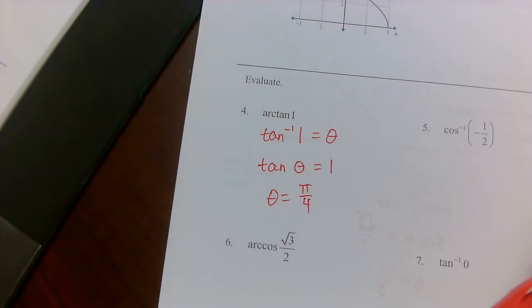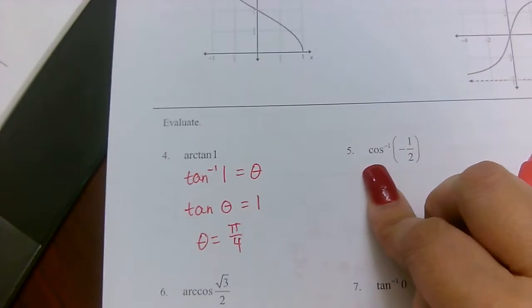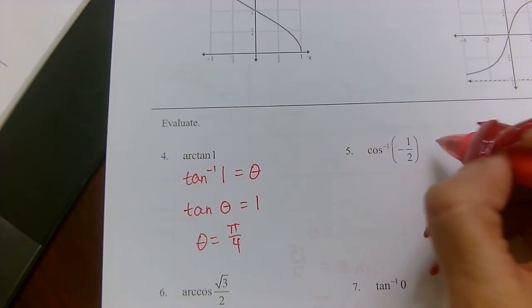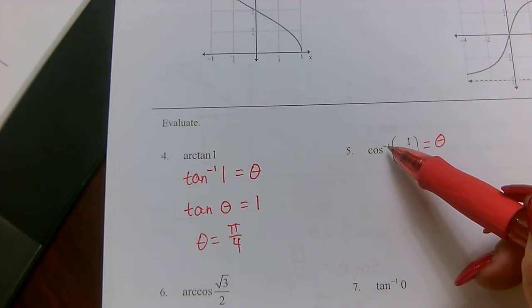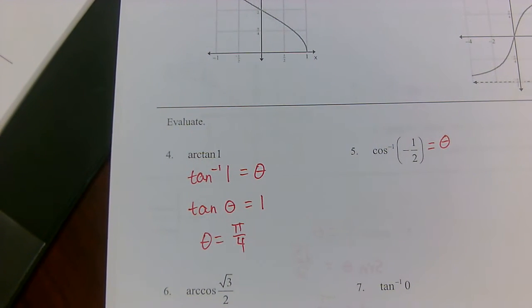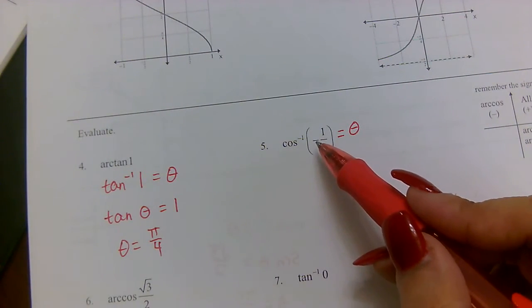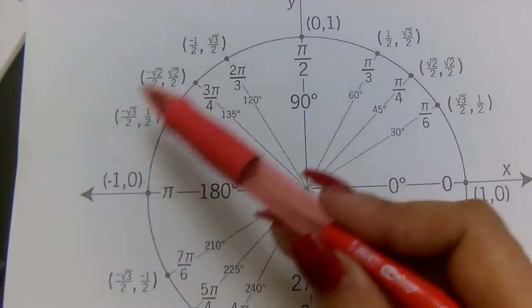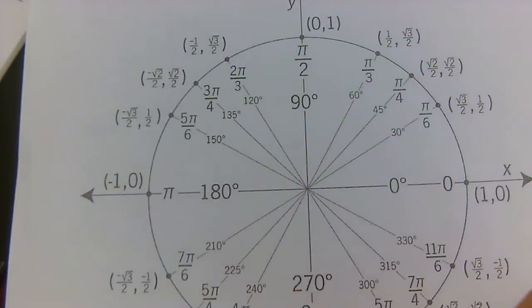For the next one over here, we're going to do the arc cosine of -1/2. Again, because of the arc or the -1, we're looking for theta in this case. So on this problem, the cosine ratio is negative. Cosine is going to be negative in quadrants 2 and 3.